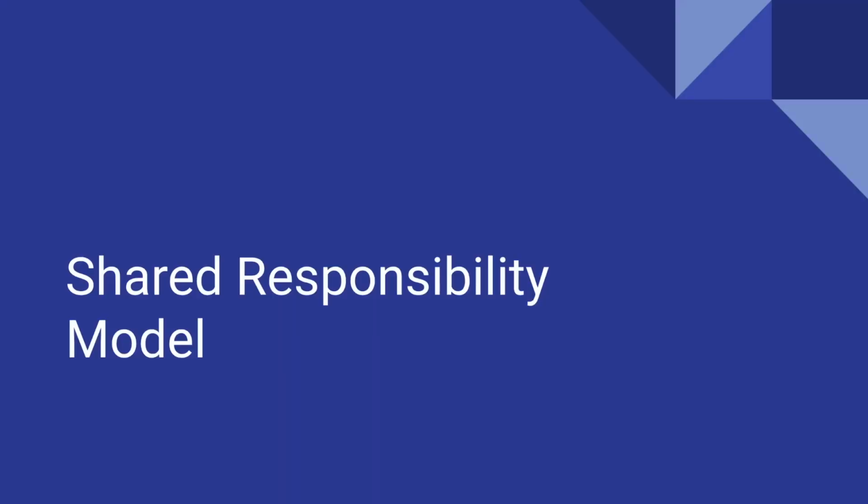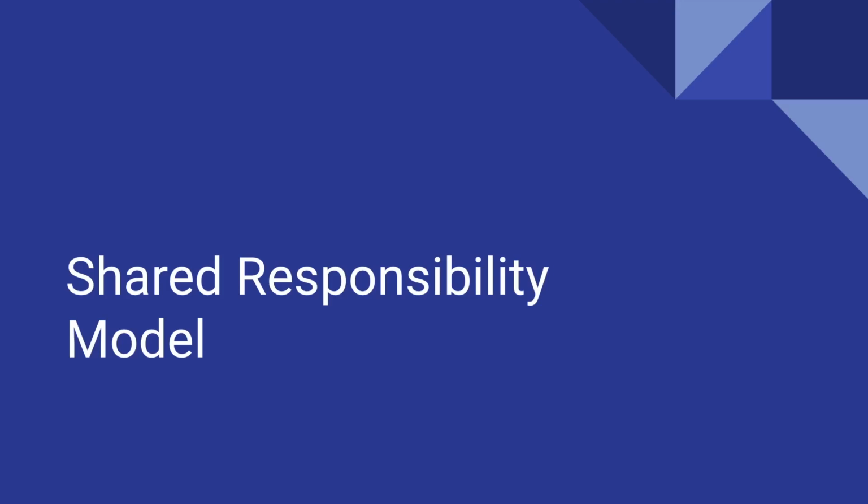With this, we've had a good understanding of the different security concerns and also the mitigations for these security concerns. Finally, let's talk about the shared responsibility model. And what is it?